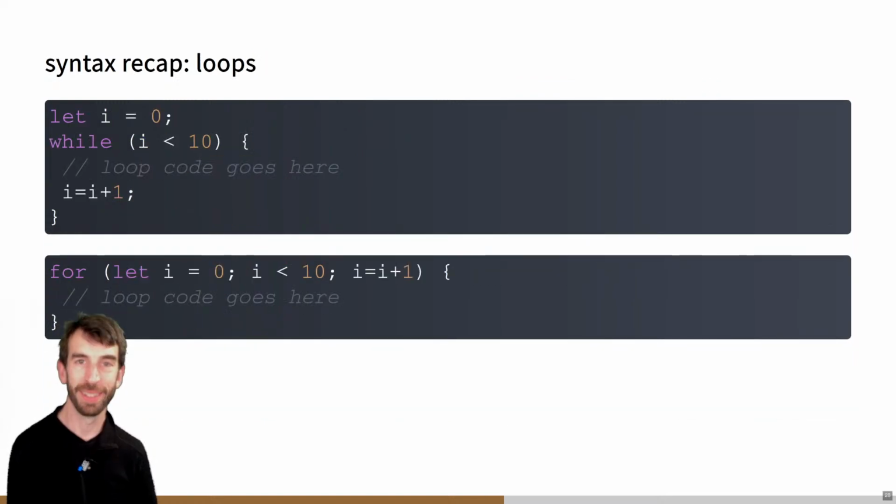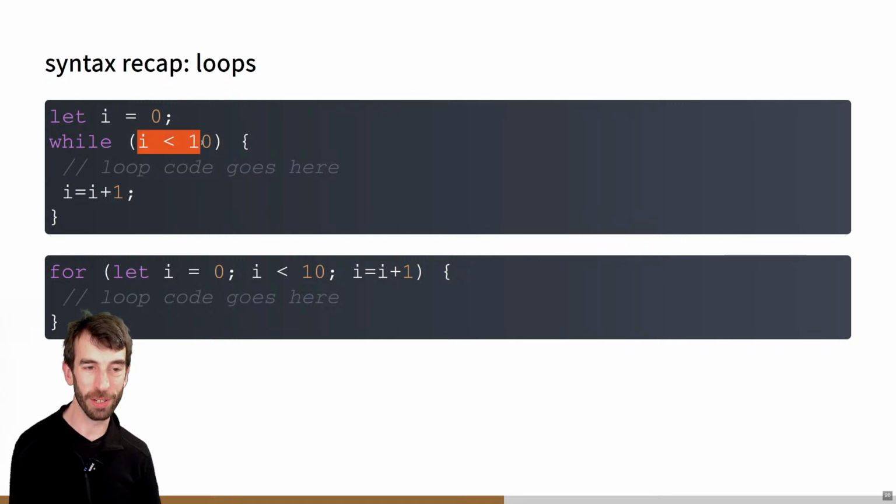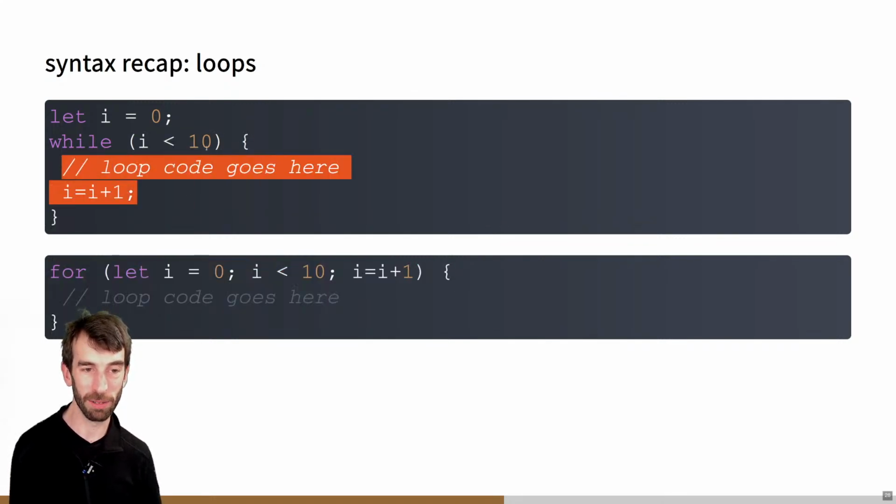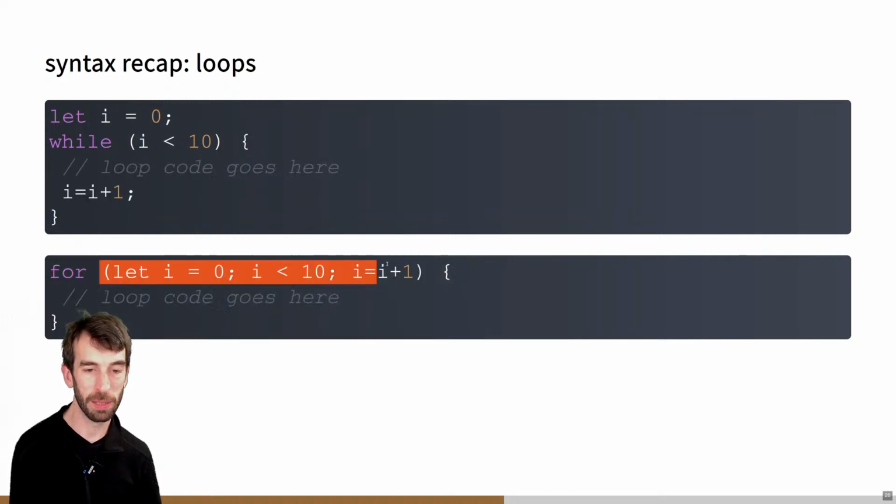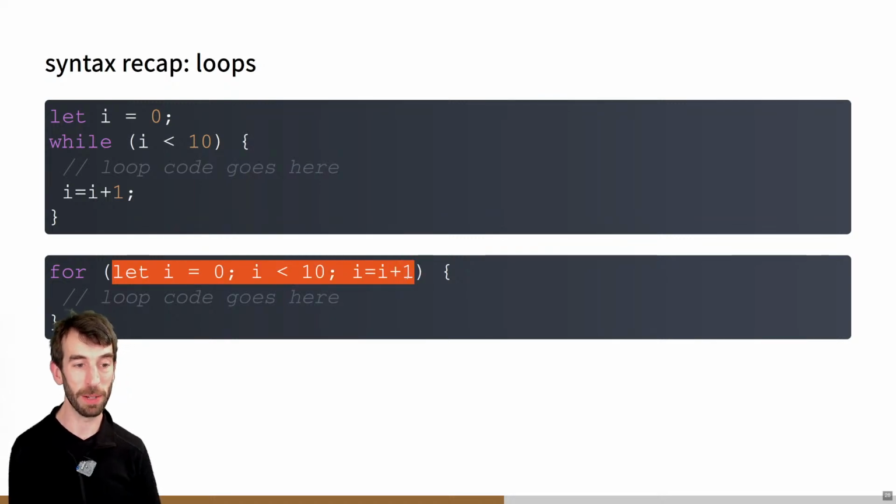Loops. We talked about the while loop. So the while loop checks a condition, and if that condition is true, it runs the code within its little curly braces. And the for loop doesn't just check a condition, it sets up extra variables to count different values, and then it loops over them as well.